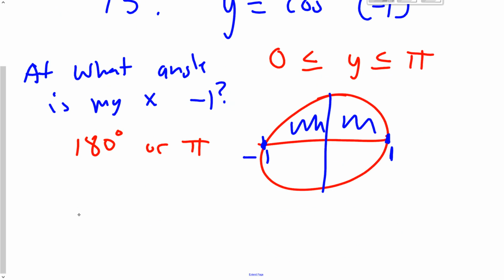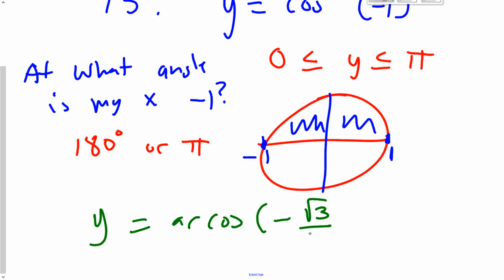Okay, and then number 23. Looking at number 23, they're going to use arc cosine, right? Because arc cosine means the same thing as inverse cosine. And we have a negative √3/2, so think about just √3/2. What finger do we put down on the left hand that gives us √3/2? That is the second finger, so that is a 30-degree angle.